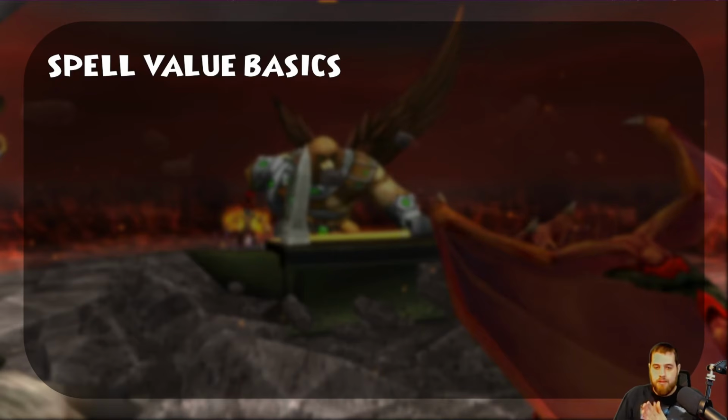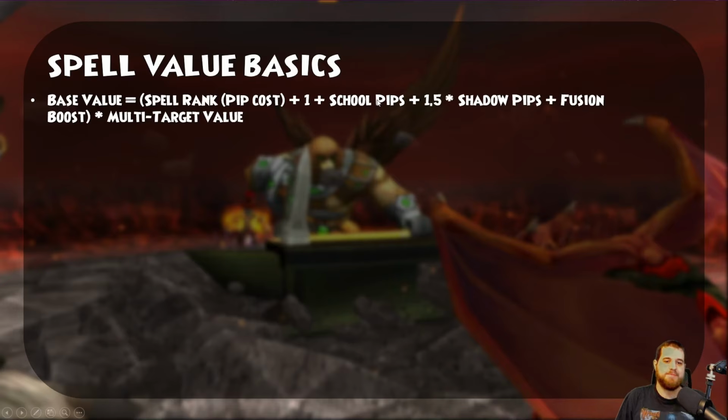All right. So now that we've decided what a spell will do, now we get into how do we get the numbers on the card. Here's a fun formula. The base value of a spell is the spell rank, again, the pip cost, +1.